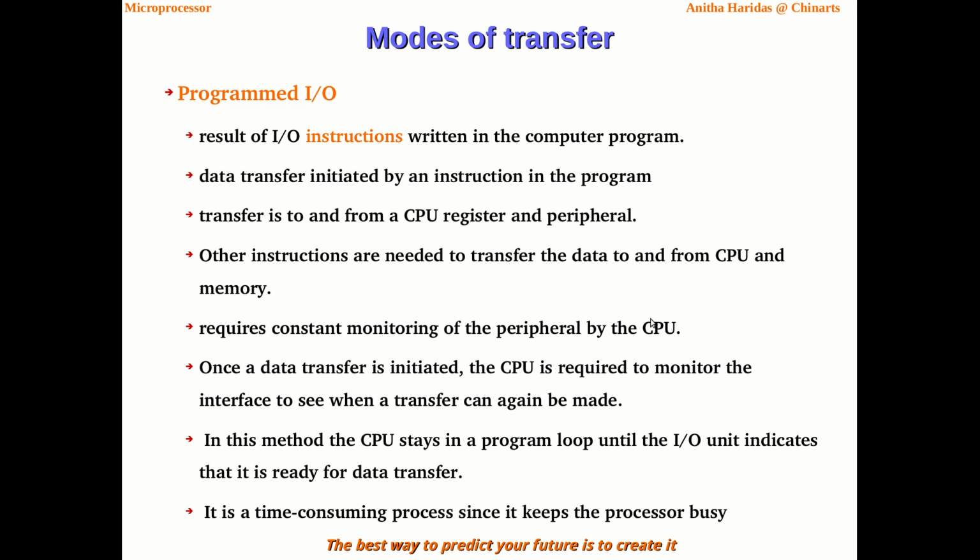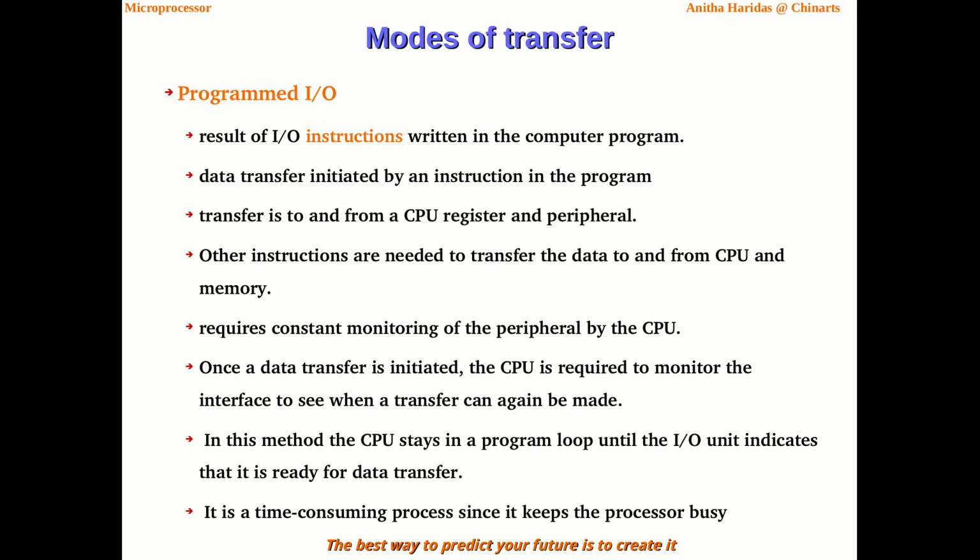Sometimes the data may not be available in the CPU register. The data may be available in the memory. You want to transfer the data which is available in the memory to the input output device, which cannot be done in a direct data transfer. So what you will be doing? The data will be transferred from the memory to the CPU, then from the CPU to the input output device.